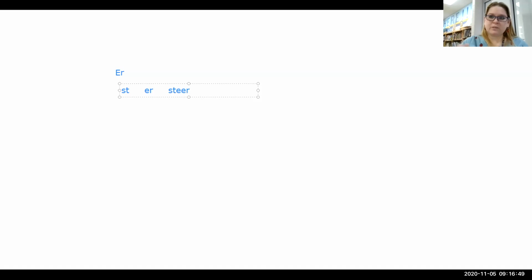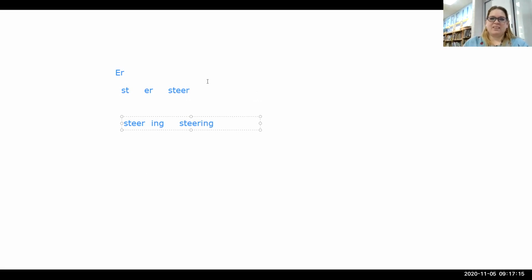Like you steer the car, or like a steer, a big herd of cows. So now I want to take the word steer and I want to add the suffix ing to it. So what is our new word? That's right. It's steering. Good.